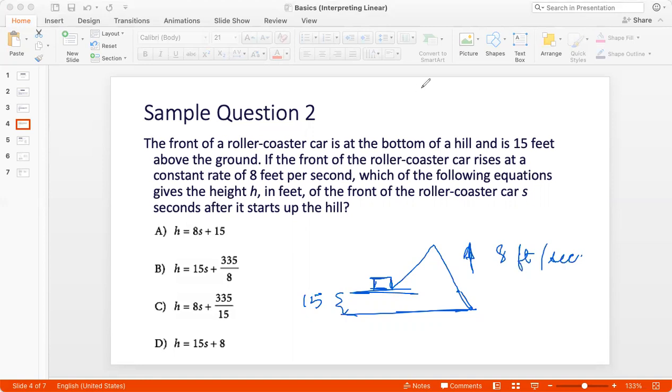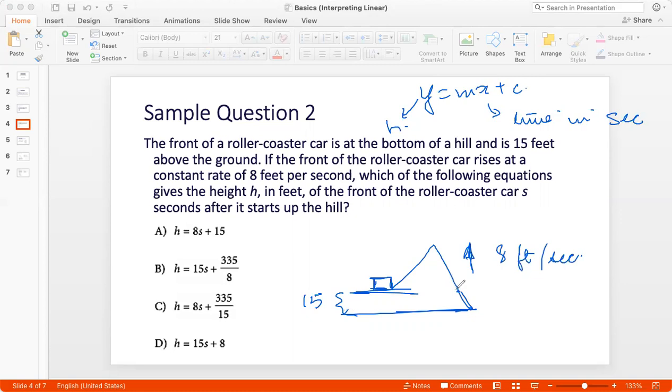So again, I can use the concept of y is equal to mx plus c, where y is the height and x is the time in seconds, right? So I know that the initial height is already 15. So my y-intercept is 15.